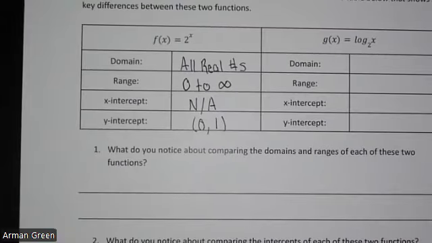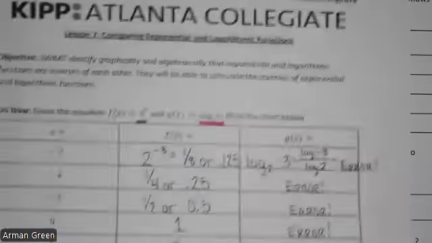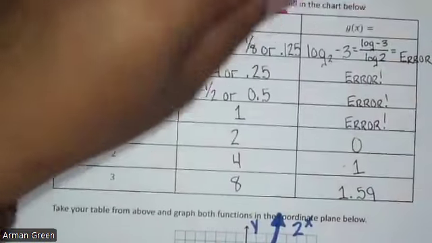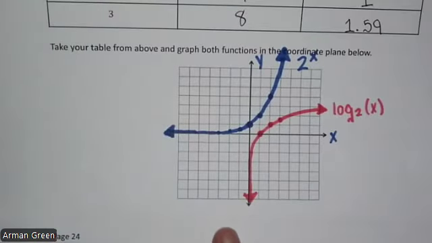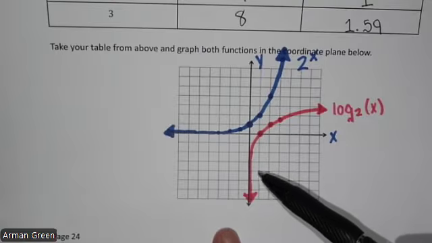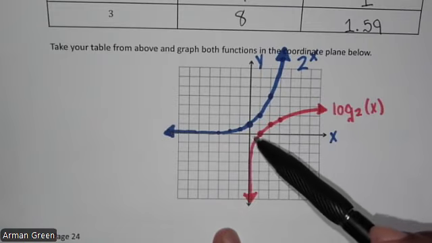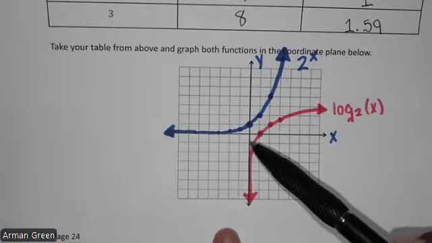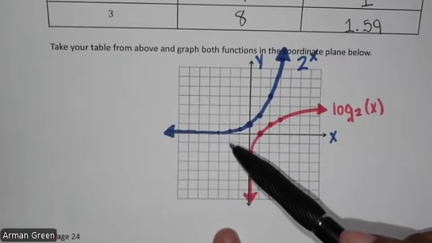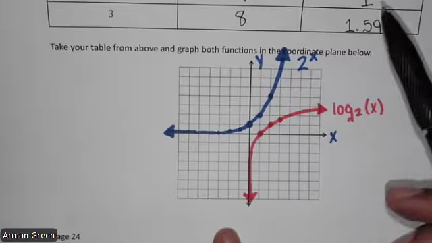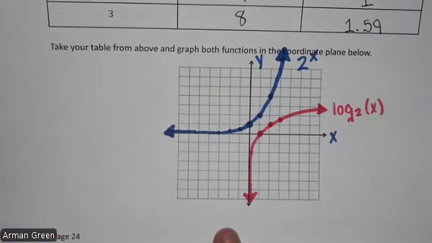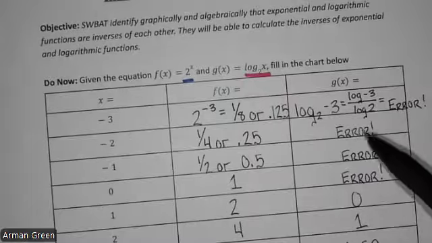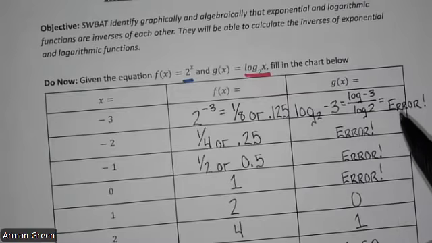Now let's look at the second one. If we look at the function in red that we drew together, now we're talking about domain and range. For domain, when we're talking about the x values, you can see through the table or on the graph that we cannot have any negative numbers plugged in for x into our logarithm, because every time we plugged in a negative number, or 0 for that matter, we got an error message.